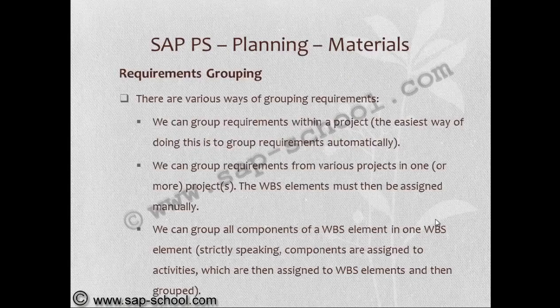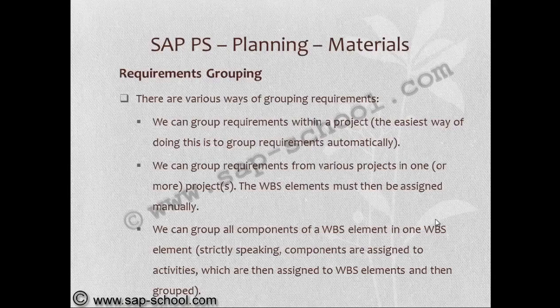There are various ways of grouping requirements. We can group requirements within a project. That is the easiest way of doing it, because this is under one project. We can group requirements from various projects in one or more projects. The WBS element must be assigned manually. We can group all components of a WBS in one WBS element.